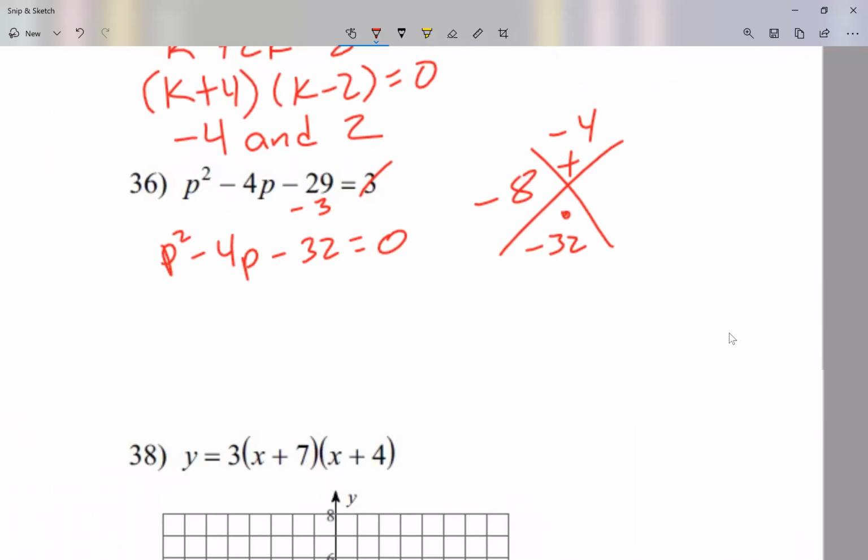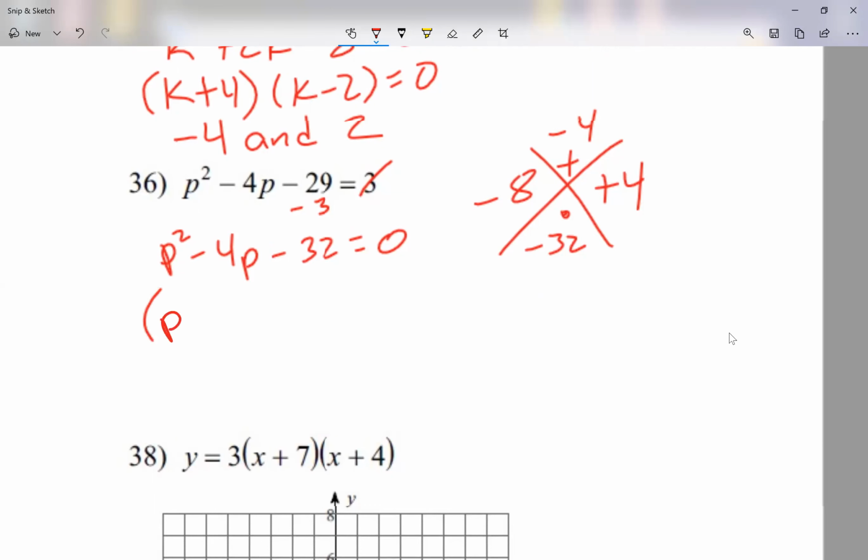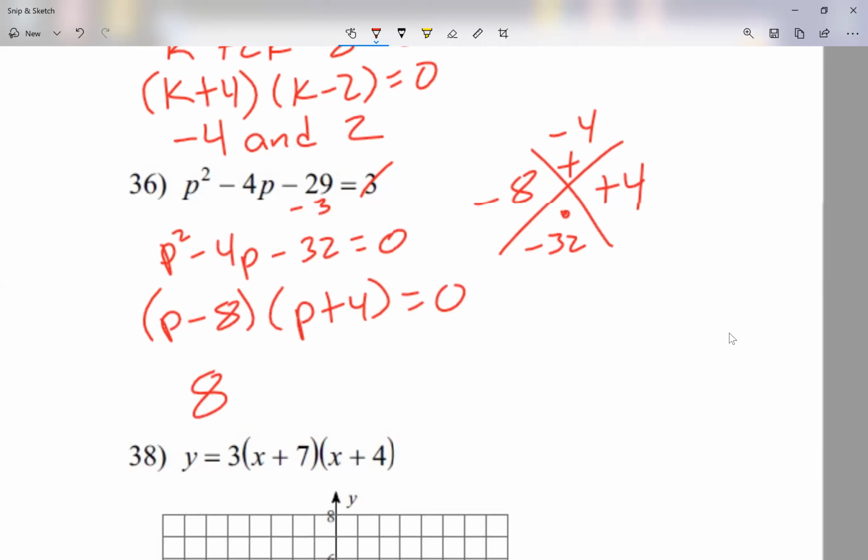And we should get negative 8 with a positive 4. So I'm able to factor p minus 8, p plus 4. Think of the values of p that make each parenthesis equal to 0, and you should get 8 and negative 4.